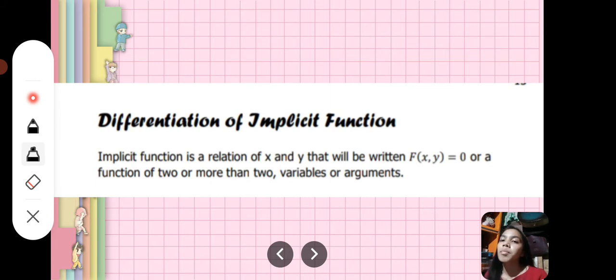An equation f of x and y equals 0 has two variables or arguments. However, we also consider more than two variables or arguments.